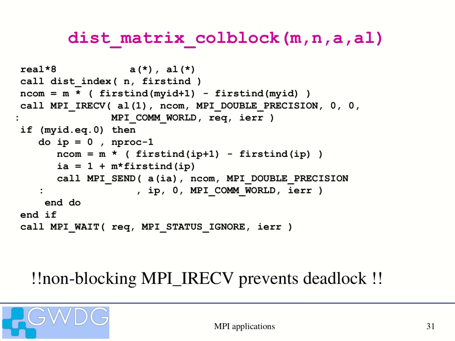Then I have the address, which place the columns to be sent have to start, which is IA. So I send elements starting from the address A of IA, and then the number of elements is just again m times the difference of the first indices.